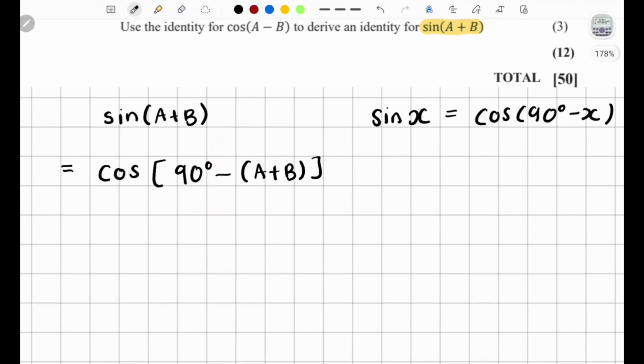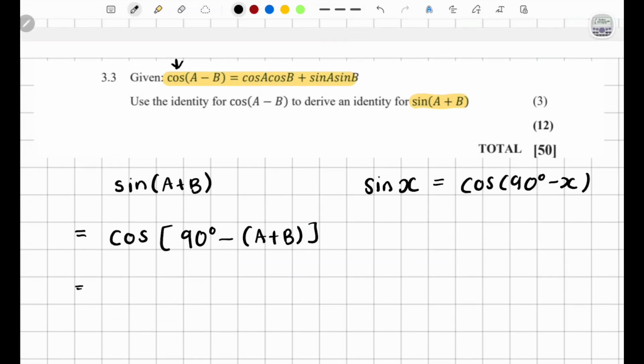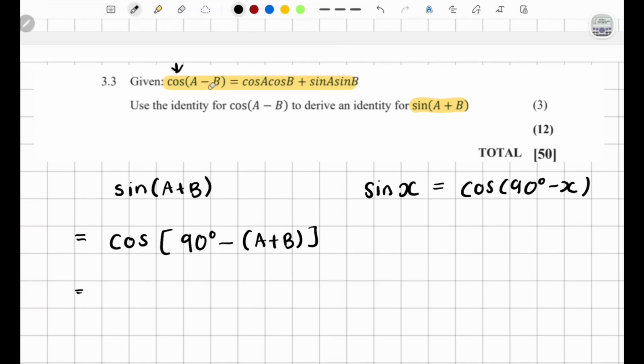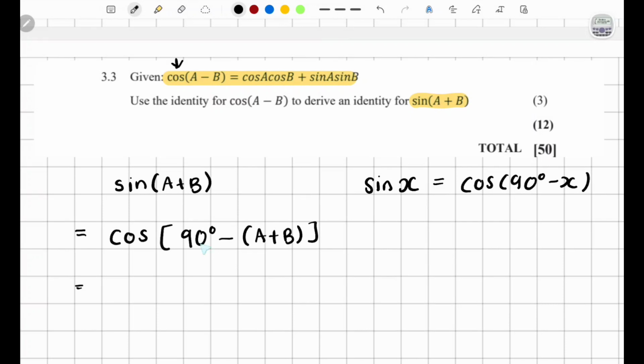Now that we have this, we're going to distribute that negative into the bracket. Let me even explain why, because I don't want it to just be a step-by-step thing. We're constantly trying to use this rule on what we have here. The issue is that you just have a 90 degrees, a minus, and then a plus b together.